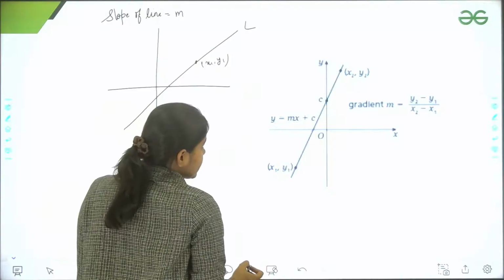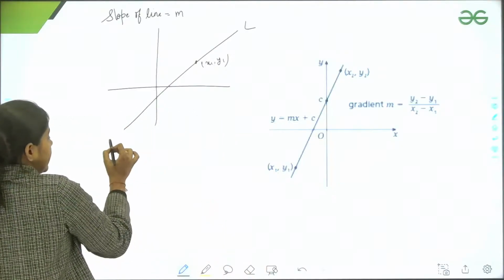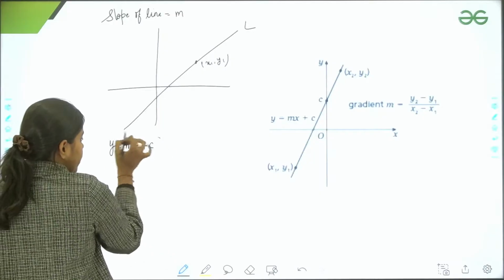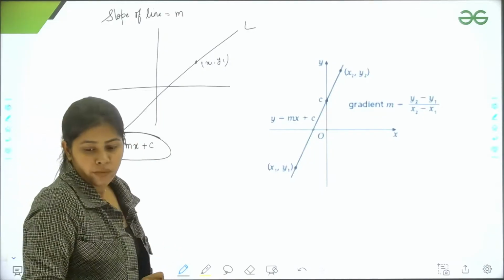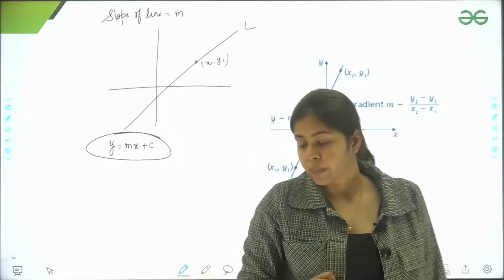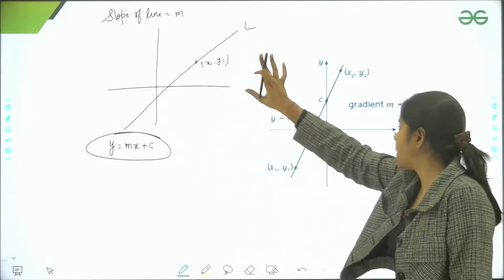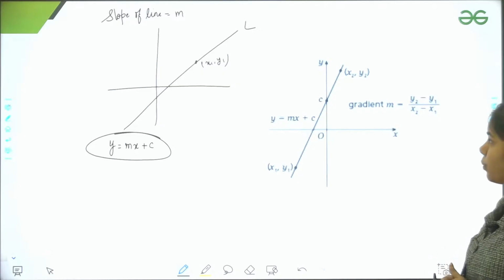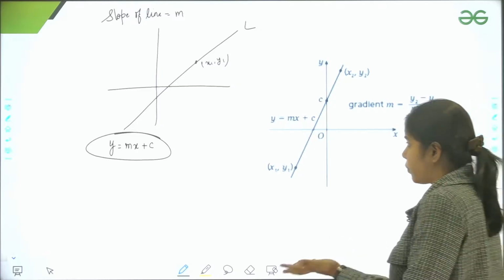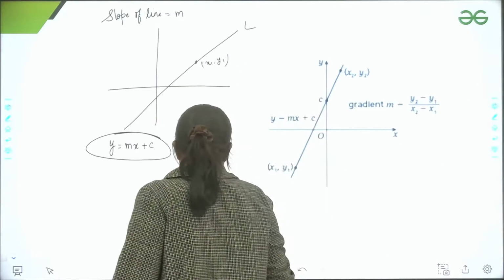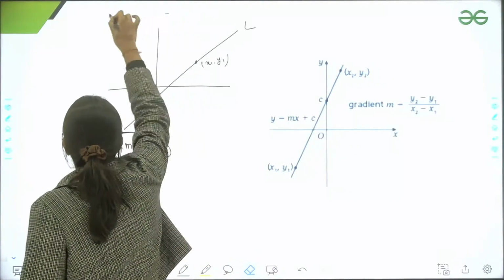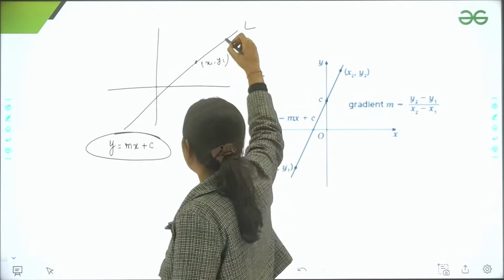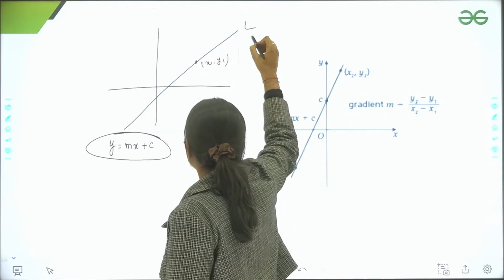Then the equation of a line would be y equals mx plus c, where m is the slope of the line. So let's suppose if the slope of the line is not given, then either they have to give the slope of the line or they have to give 2 point coordinates x2 comma y2.